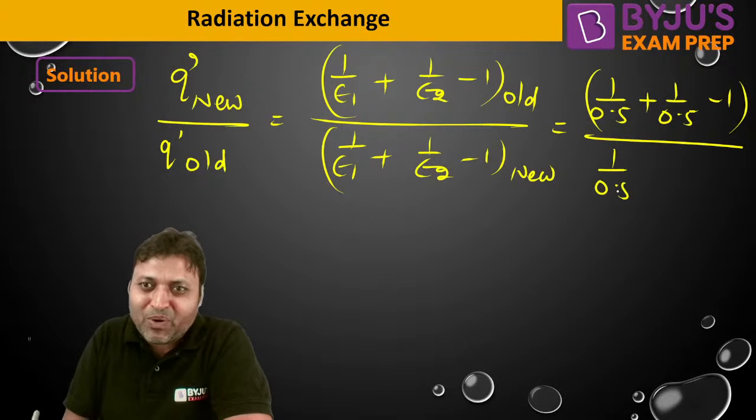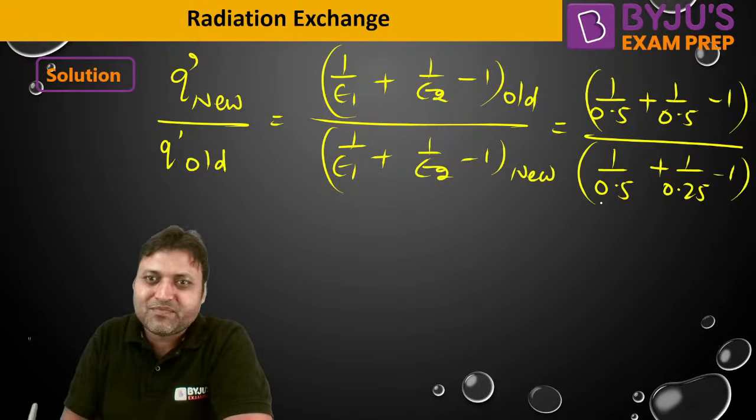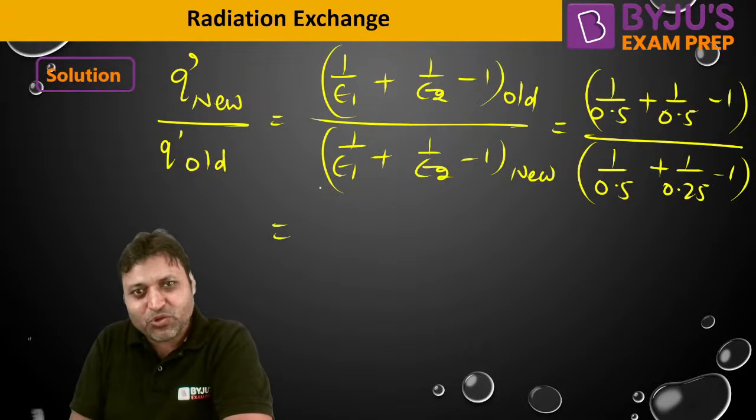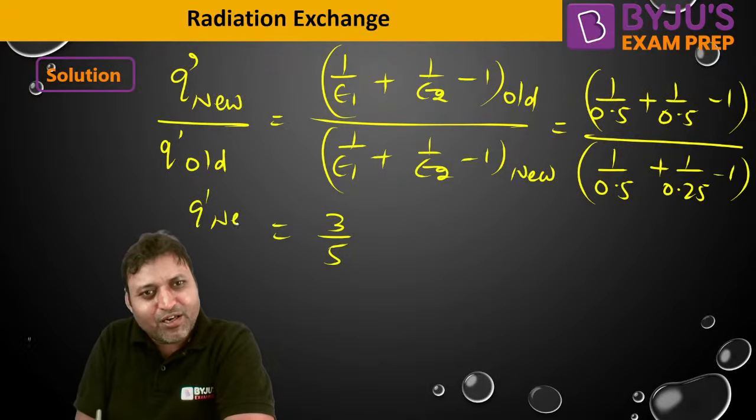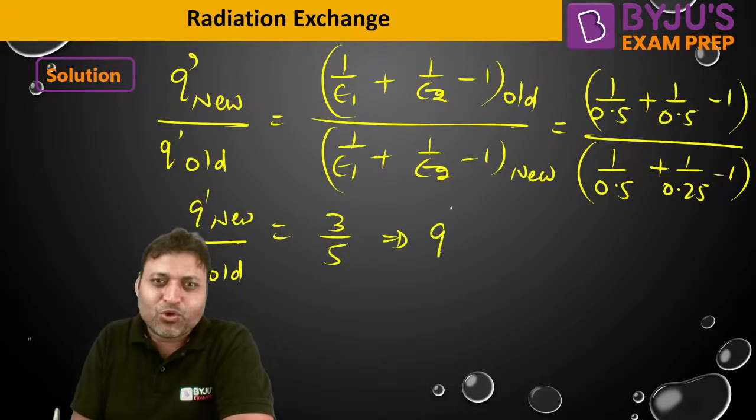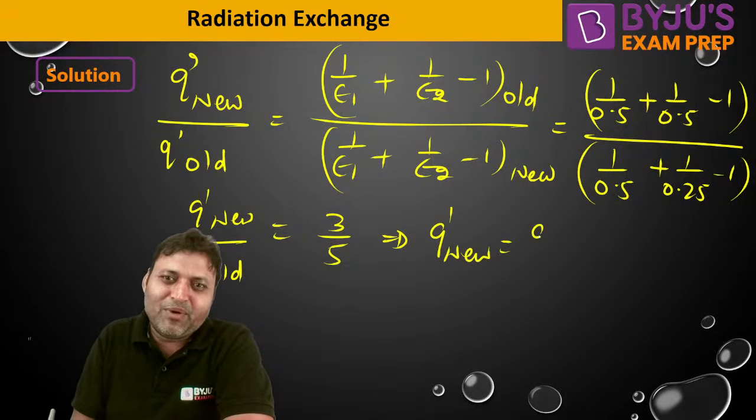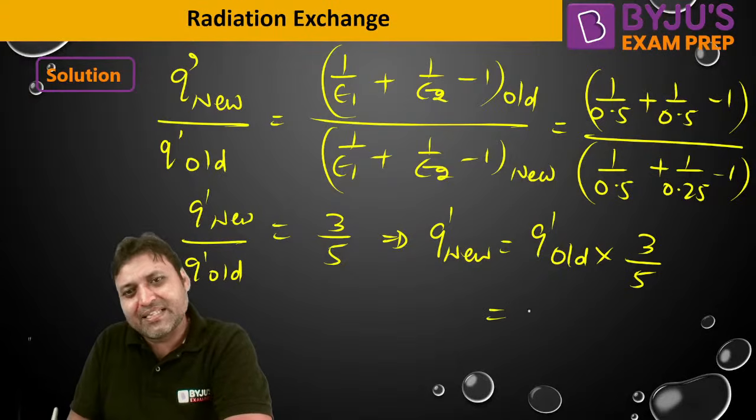The denominator will be 1 upon 0.5 plus 1 upon 0.25 minus 1. If you solve this, it will be 3 by 5. Q dash new upon Q dash old will be 3 by 5. So Q dash new will be equal to Q dash old into 3 by 5.